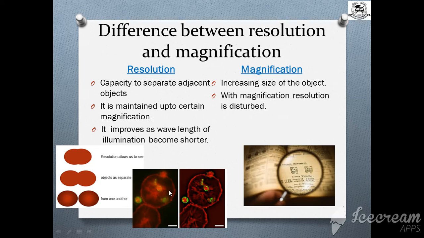The light we are using, its wavelength should be shorter, so resolution will be more. And magnification improves with the focal length of the lens. The greater the focal length of the lens, the higher the magnification will be. All right, so this is the comparison between resolution and magnification.